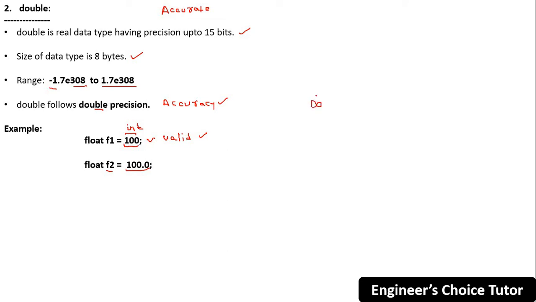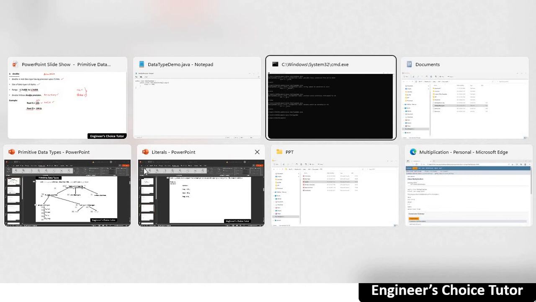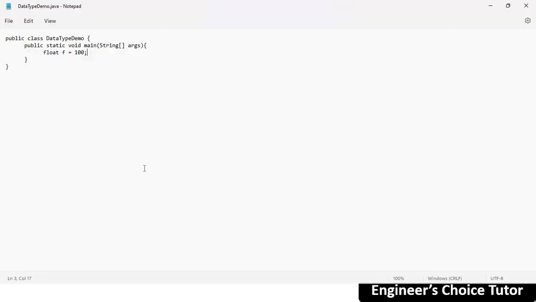Remember this point. For floating point numbers, double, and for integer numbers, int is the default data type. So what I am trying to do here is float f2 is equal to 100.0. Now let's go and check this.